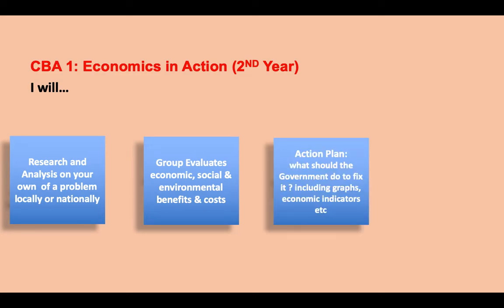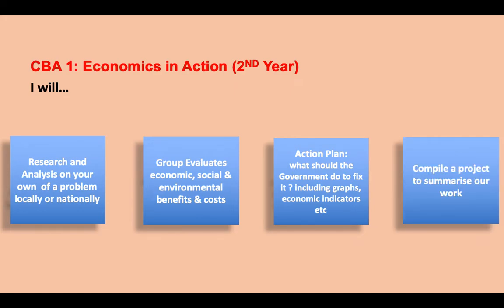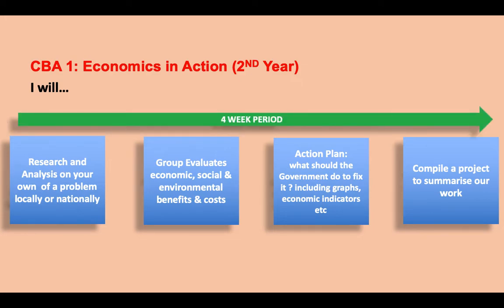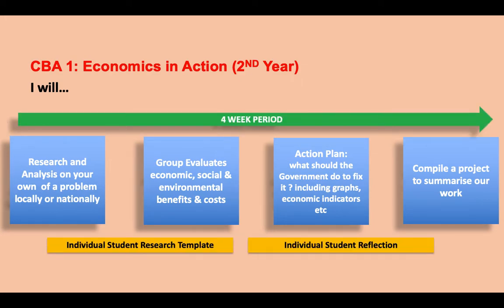Then the group is going to have to come up with a plan for what the government should do to fix it. And you should have some research with graphs and talking about economic indicators like unemployment, something like that. And then put it all together into a project to summarize our work over a 4-week period and supply with it an individual research template and reflection sheet to go with it.